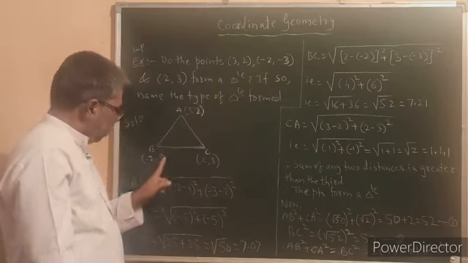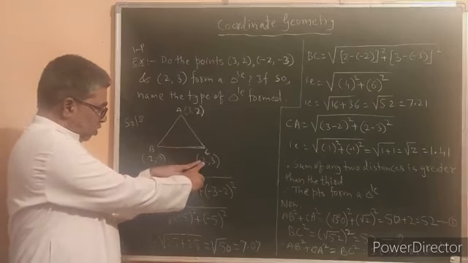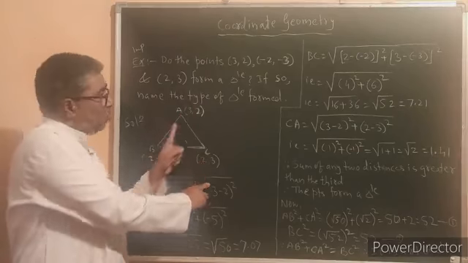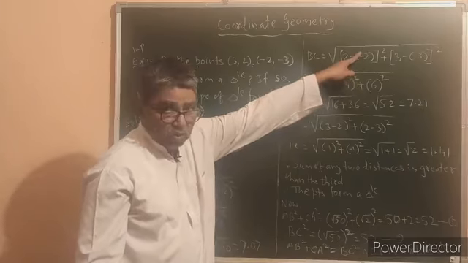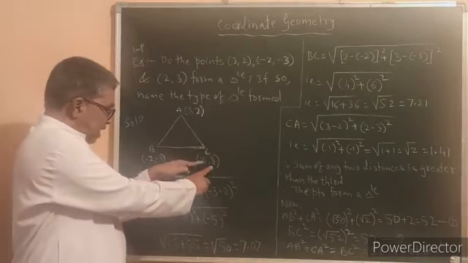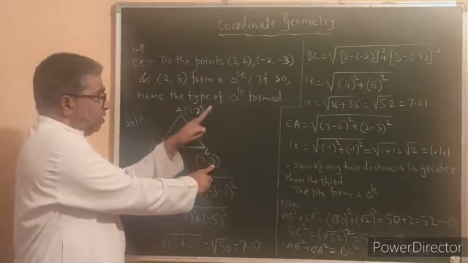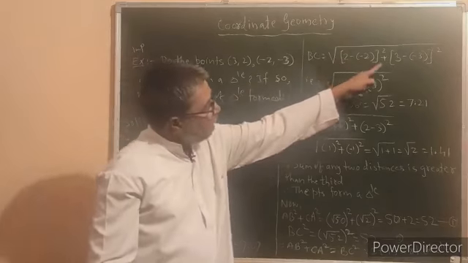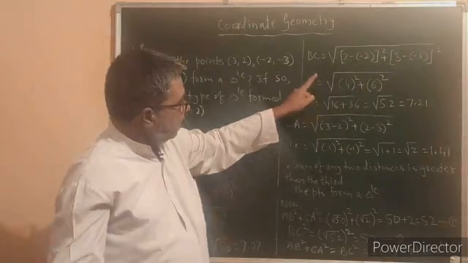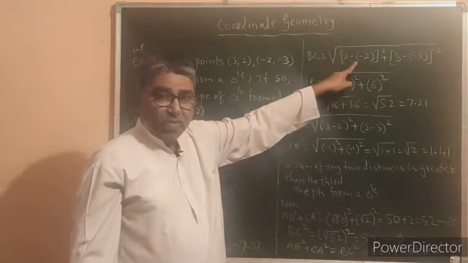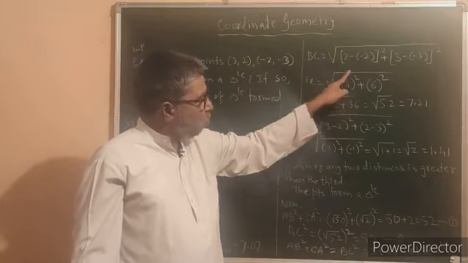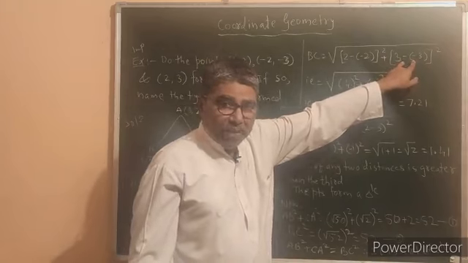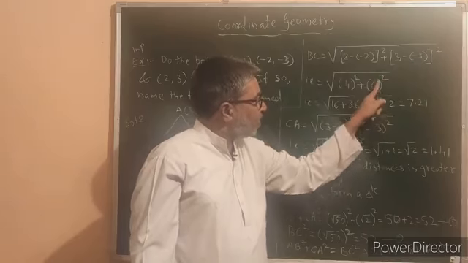Now BC is equal to square root of (x2 is 2, minus x1 is minus 2, so 2 minus of minus 2) whole square, plus now here y2 is 3 minus y1 is minus 3, so (3 minus of minus 3) whole square. In the next step, minus of minus will become plus, 2 plus 2 will be 4 square, plus in the same way minus of minus will be plus, 3 plus 3 will be 6 square.